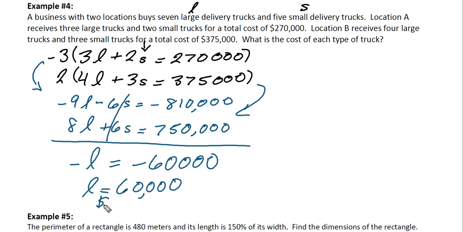Now to find the price of a small truck, we just have to plug that 60,000 into either one of these equations. I'm going to choose to plug it into that top equation. So instead of L, I'm writing 60,000.